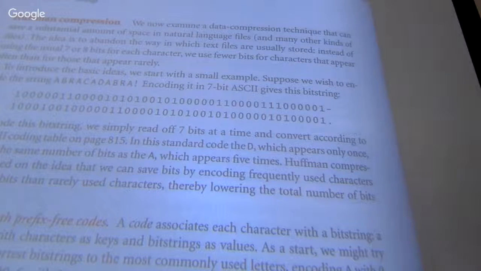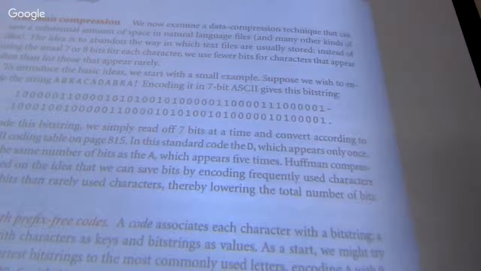So the idea is I want to compress that A quite a bit. I want to apply the most compression to A, then slightly less compression to B and R, and then C, D and exclamation mark, I don't really need to compress very much because they appear only once. So it's not per se a pattern, but it is a pattern.